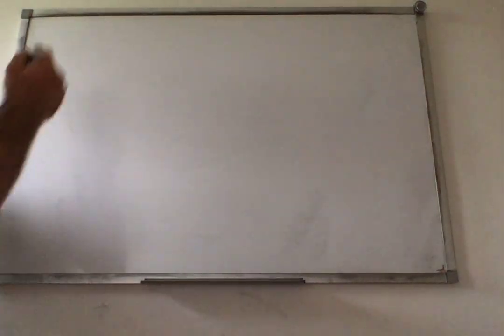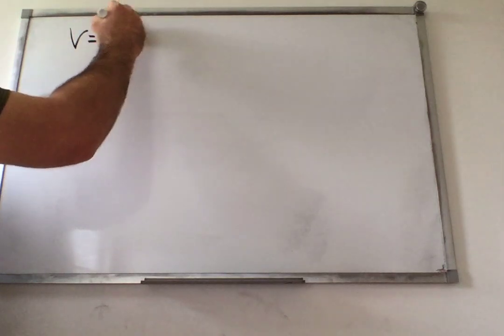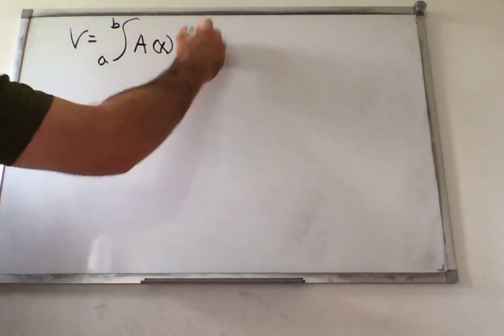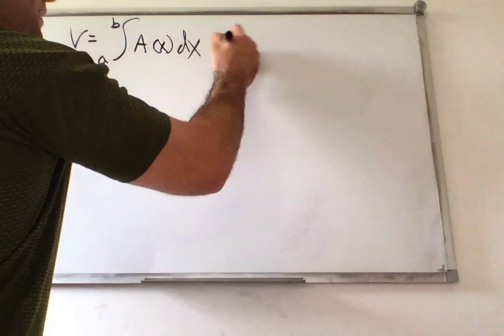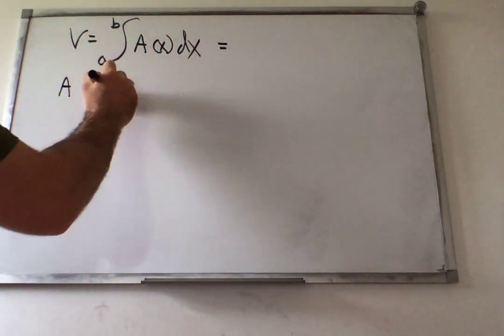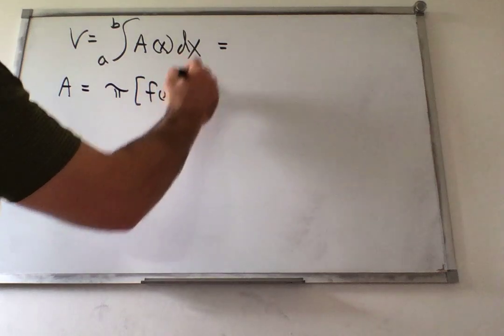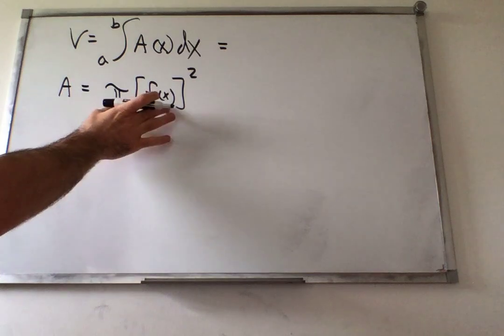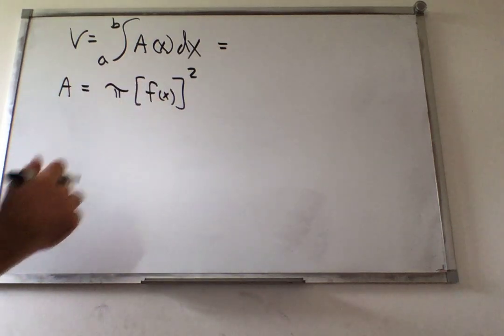So the volume of a solid of revolution from A to B was the integral of all the areas. Well, if our areas are all disks with the radius f of x, so this is just the area of a circle right here, pi r squared. The radius is our function.